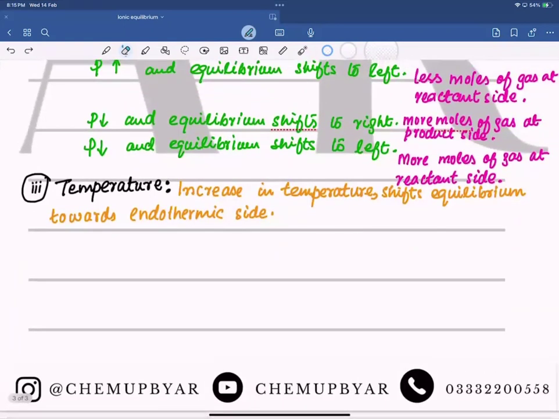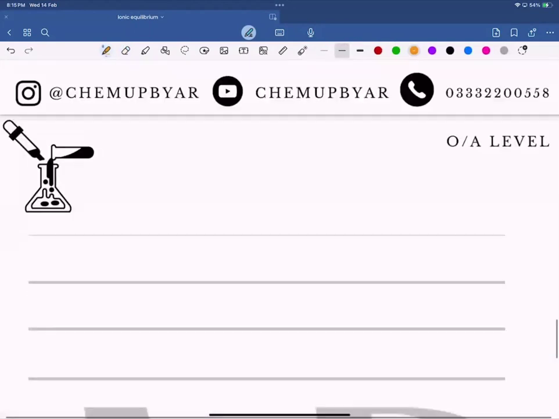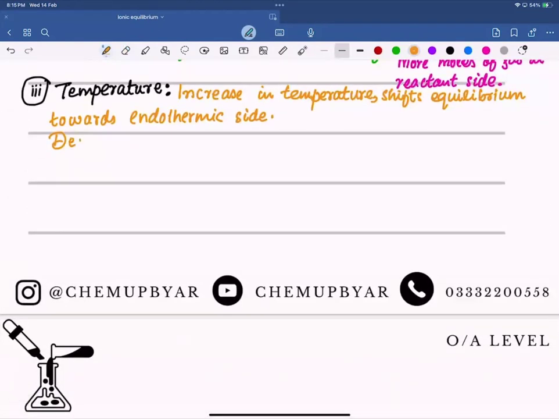Okay, it means that when we decrease the temperature, equilibrium shifts towards the exothermic side. So let me write this over here as well: decrease in temperature shifts equilibrium towards exothermic side, because when we lower the temperature, the change is a decrease in temperature.